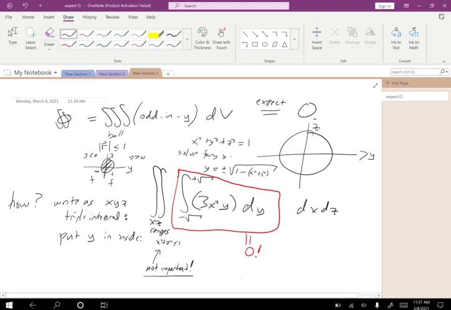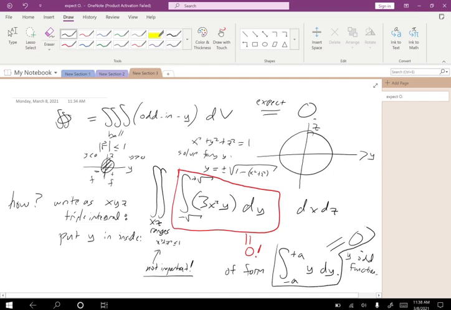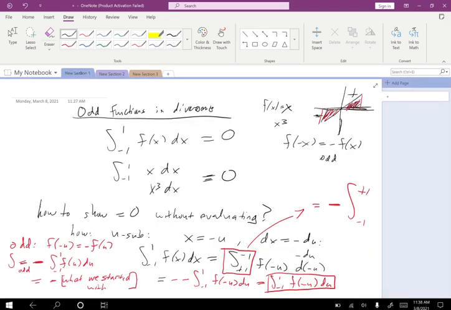So this integral is of the form the integral from minus a to plus a of y dy. This has to be 0 because y is an odd function. And if you forgot about that, let's just go back to my 1D discussion of cancellation.